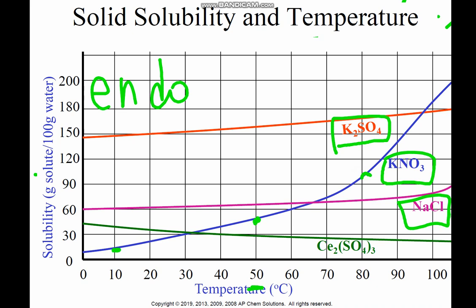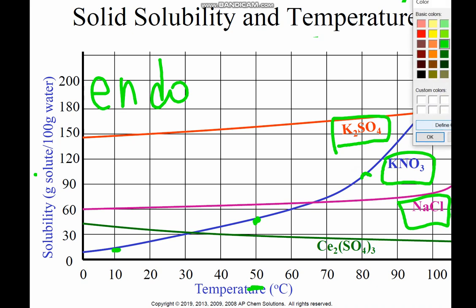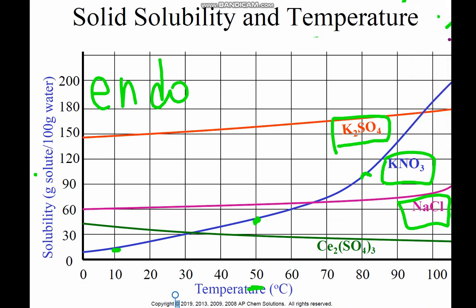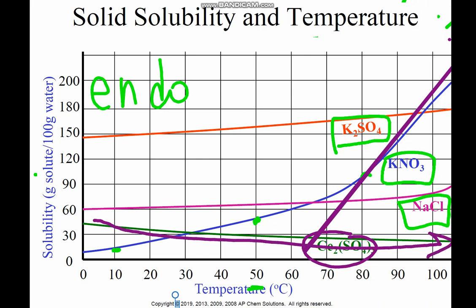Now, if we look at cesium sulfate down there at the bottom, cesium sulfate, for example, is going to be exothermic. Okay, as for cesium sulfate, its solubility decreases with temperature.